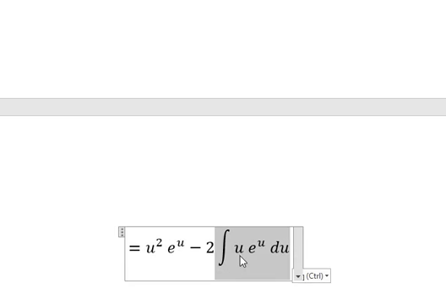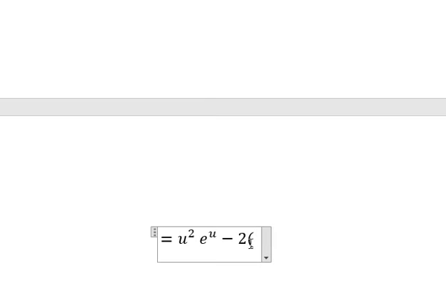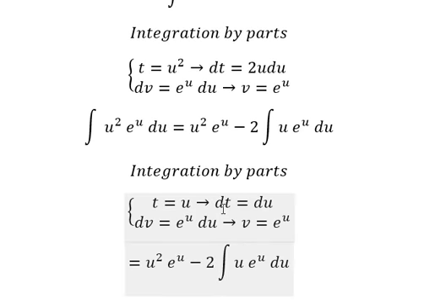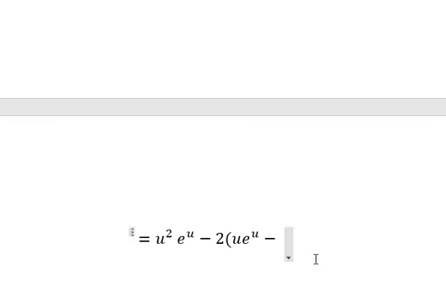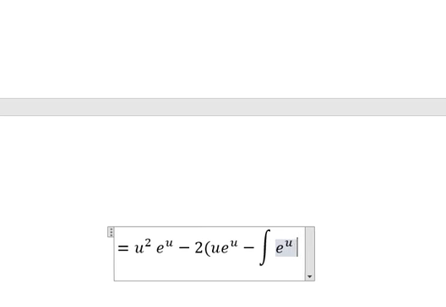So about this one we have u multiplied by e to the power of u, that is about t and v. Minus we have dt multiplied by v, so we have the integration e to the power of u du.